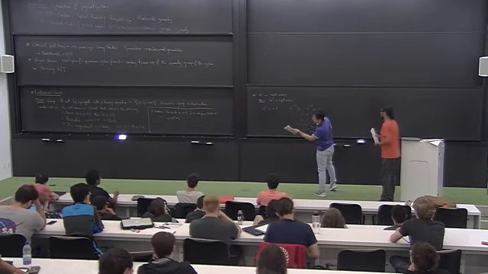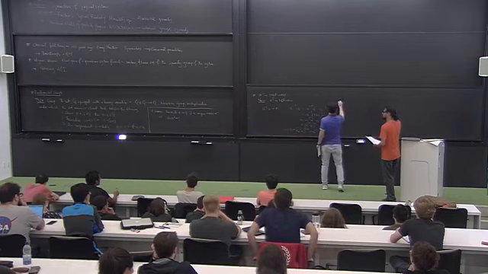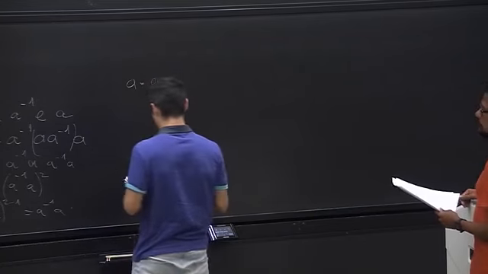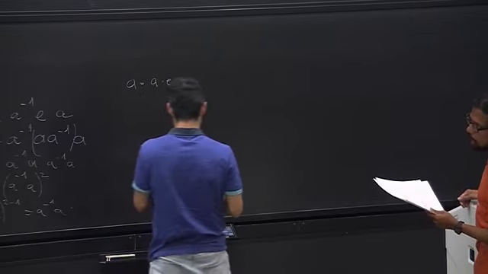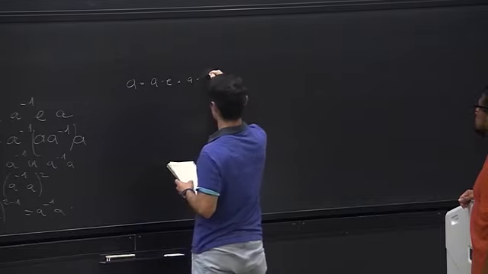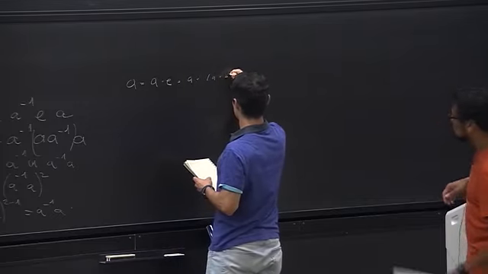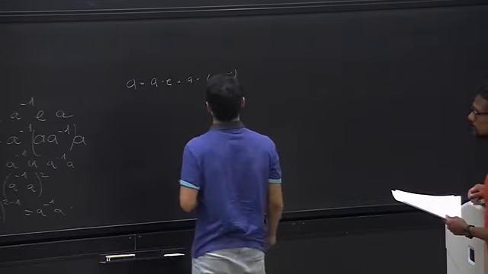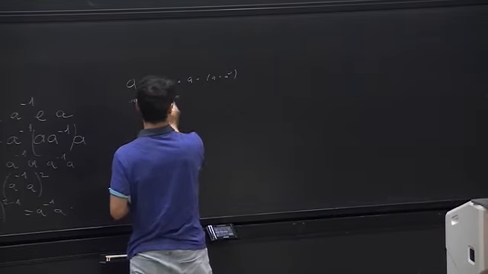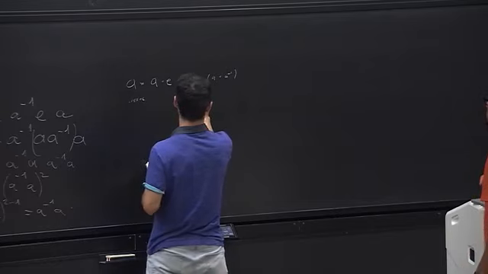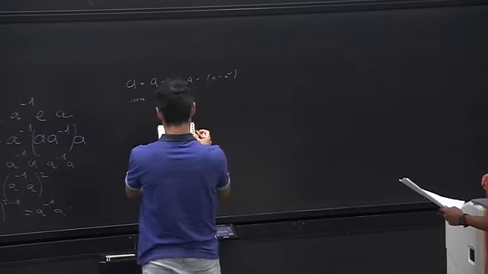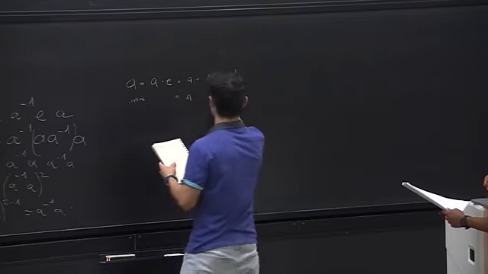So we know from the identity that A is equal to A E, right? And we also know that the inverse, the right inverse, A minus 1.